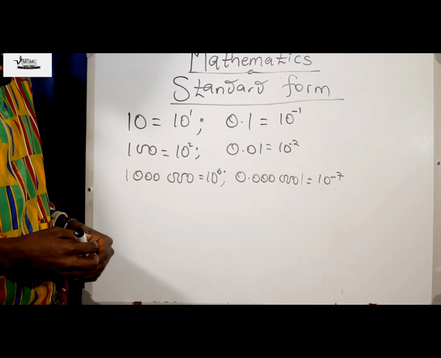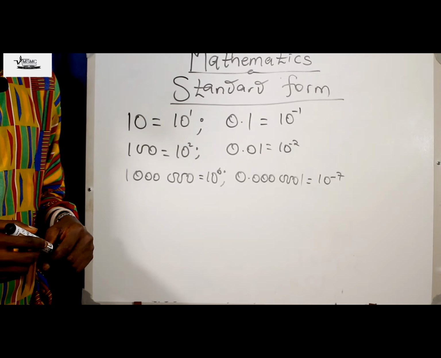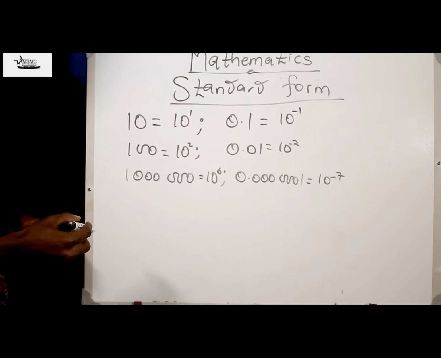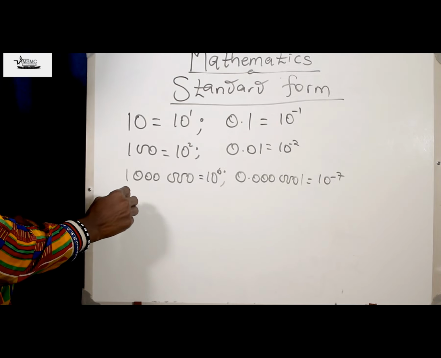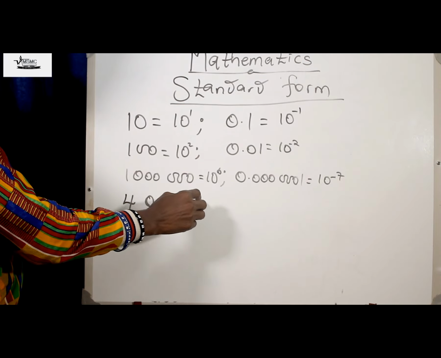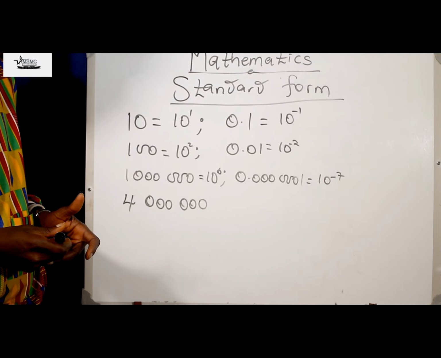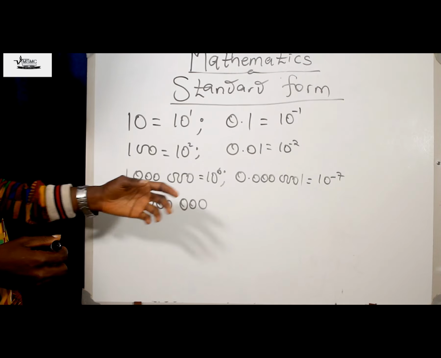Now this concept is what will help you to write numbers in standard form. Let's take an example for whole numbers. If you are to write 4 million in standard form, the natural number here is 4 and this is 4 million.